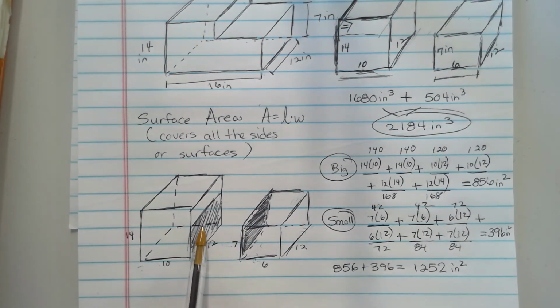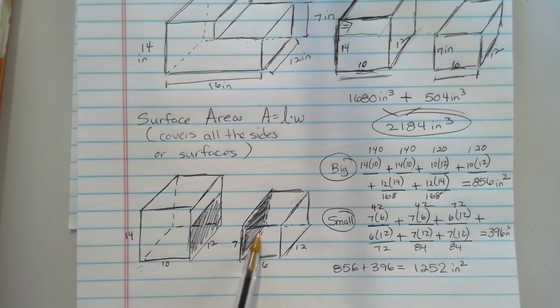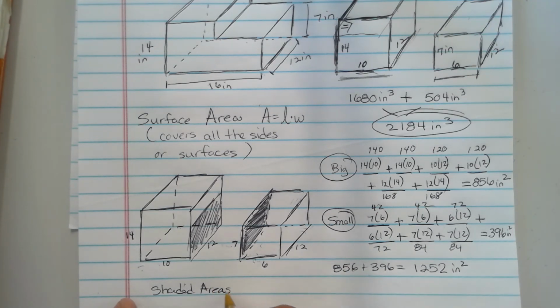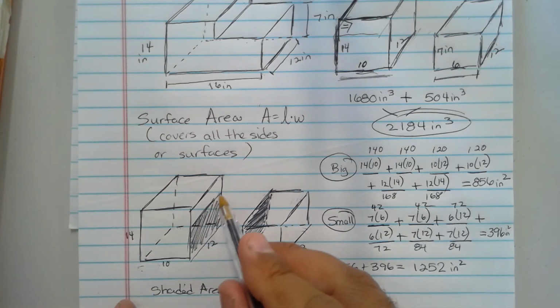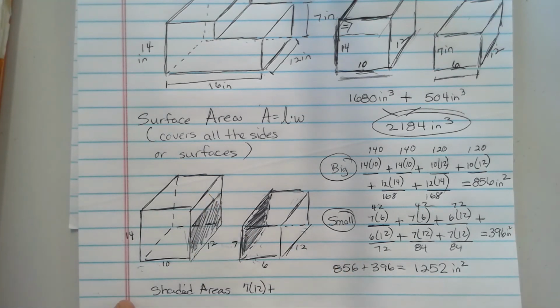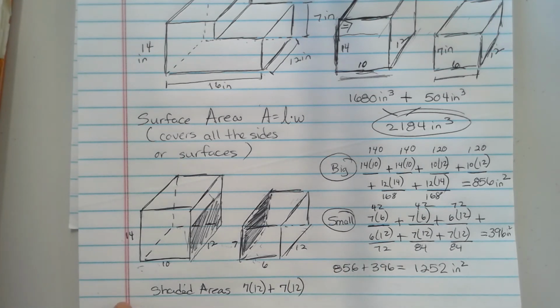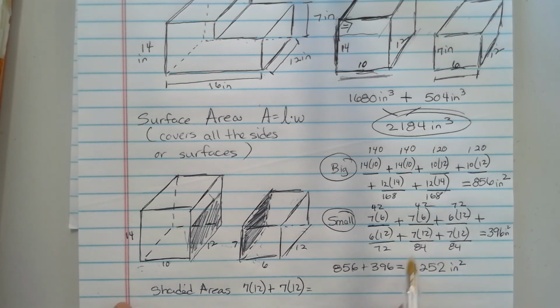Now, this is the part. We want to go ahead and calculate the areas that are shaded. The shaded areas on this side are going to be 7 times 12 plus, what about this side? 12 times 7, the same thing. You guys understand that? 7 times 12, you guys told me, was 84.